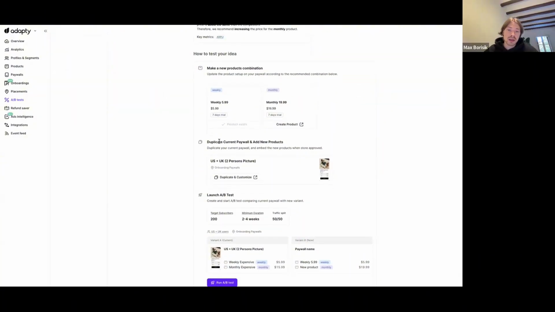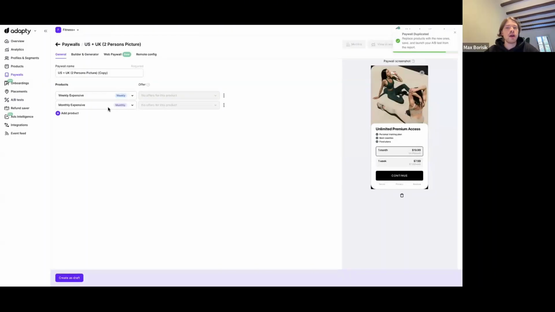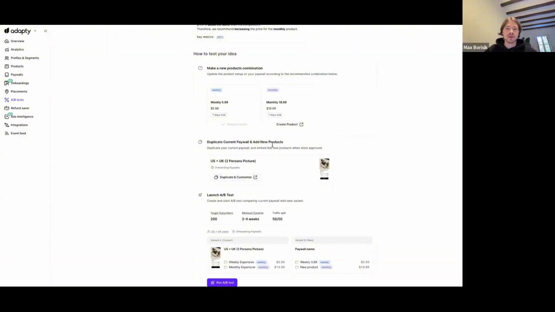And what happens next is that you need to duplicate the current paywall you're having. So we duplicate the paywall over here, just as an example, right? And there you place the new product that we have just created, so this one, the monthly 19.99, and then you create this new paywall, the copy of the previous paywall you had.